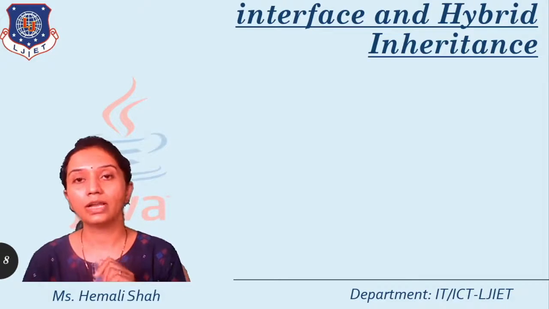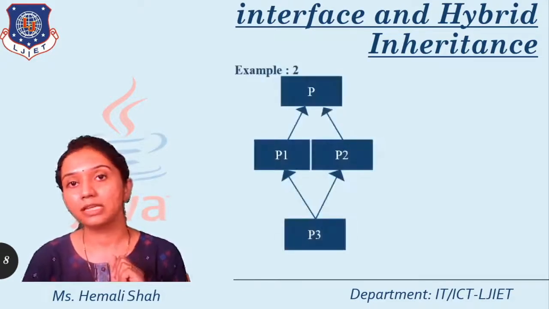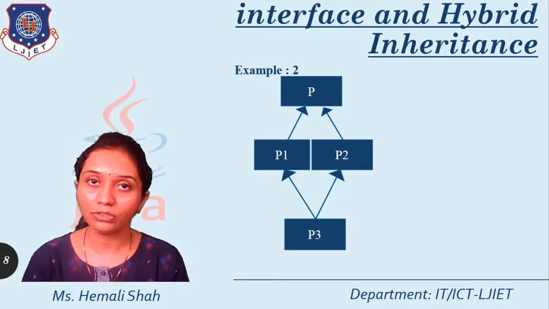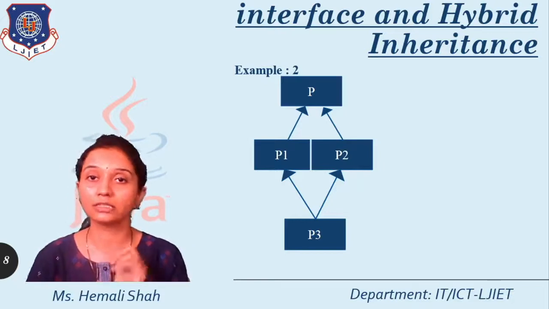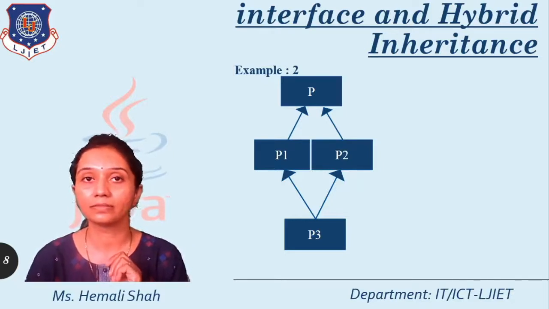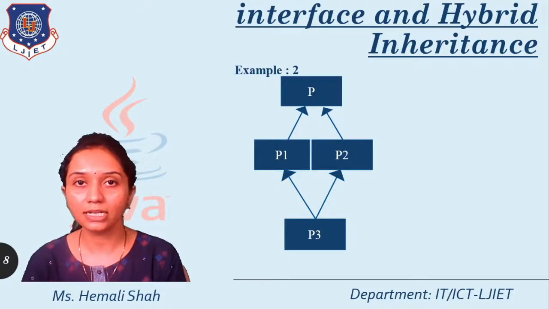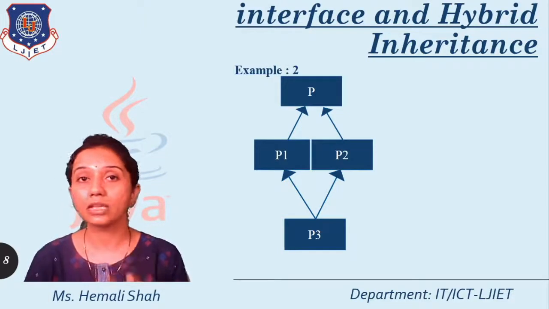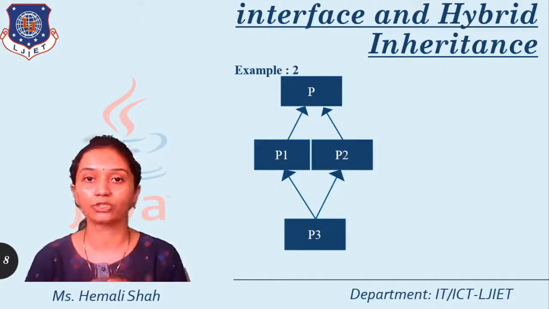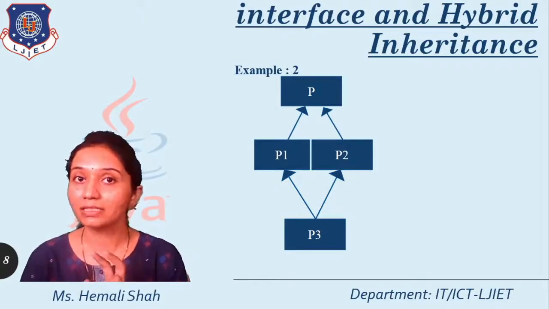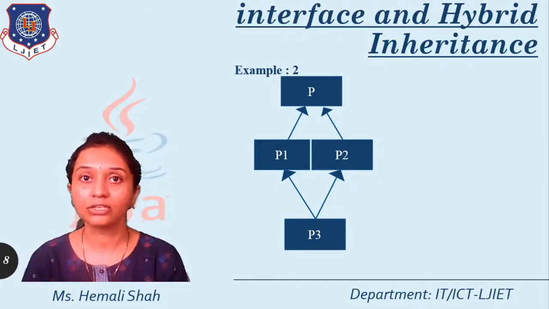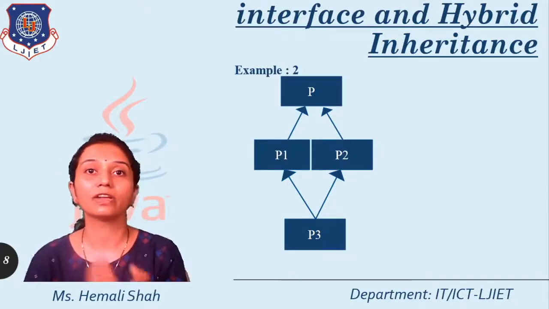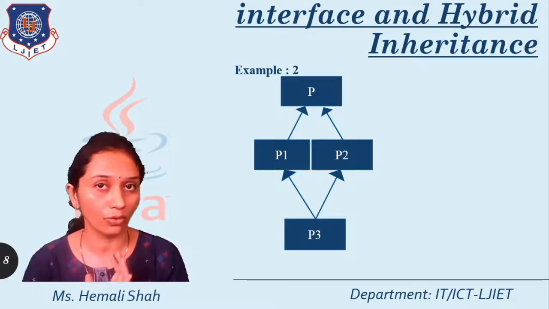Now what will happen in this case? Can you find out the possible solutions for this particular second example figure? Here, one hierarchical inheritance is present and one multiple inheritance is present. Now think about the multiple inheritance portion P1, P2 and P3. If P3 is an interface, then you cannot create P, P1, P2 as classes in your code.